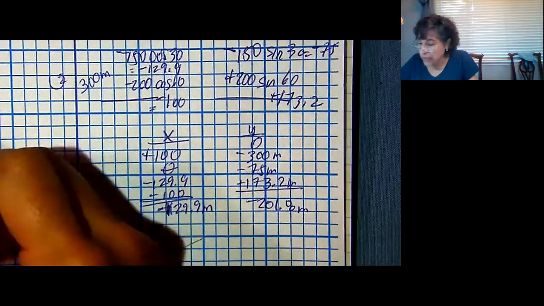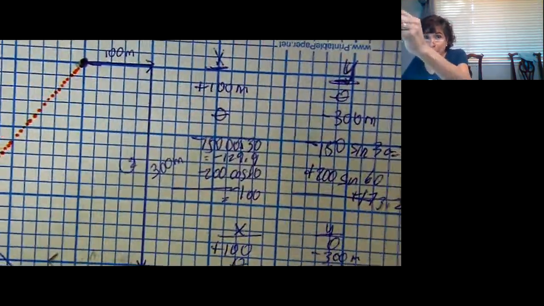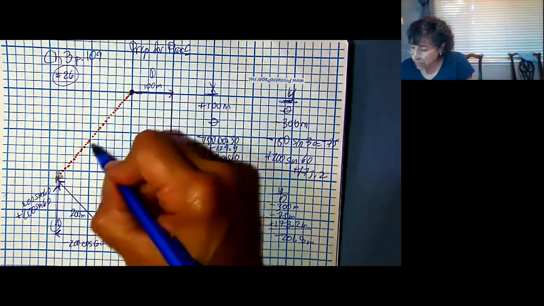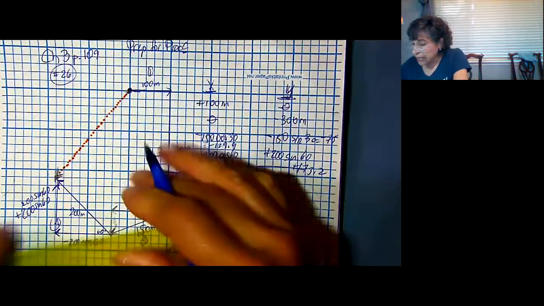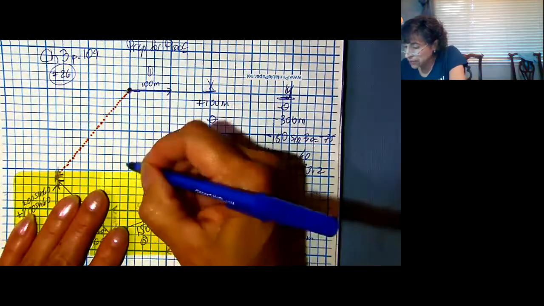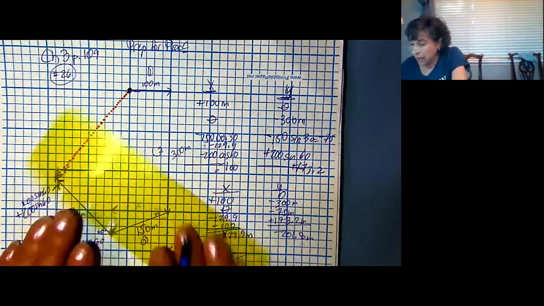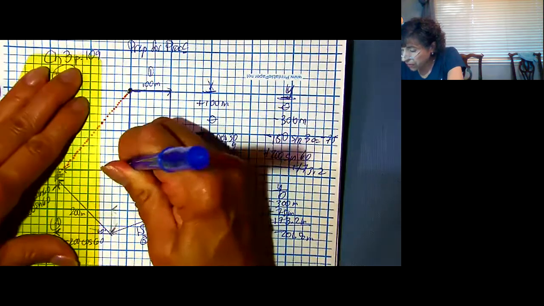So now I know that they're both negative. It kind of makes sense because if we look here, our resultant vector is going down and to the left. So let me go ahead and draw in the components. Here's my horizontal one, which goes to the left, and here's my vertical one, which goes down.